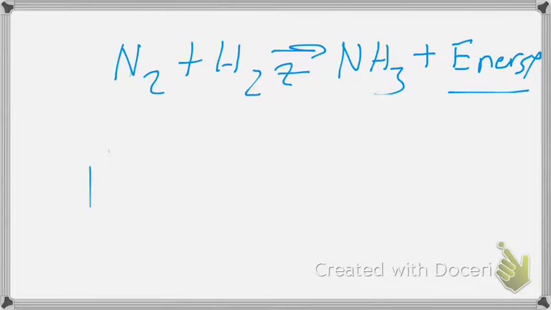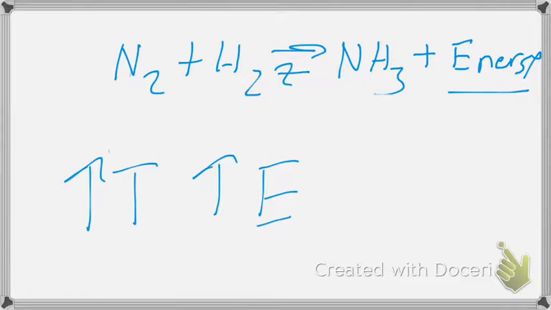Now, I can treat energy as if it was a reactant or product. So, if the temperature goes up, that means the amount of energy also goes up, right? So the system now has more energy than it wants, and it wants to get rid of it, so it's going to shift this time to the left in order to lose energy, which is also in the endothermic direction.